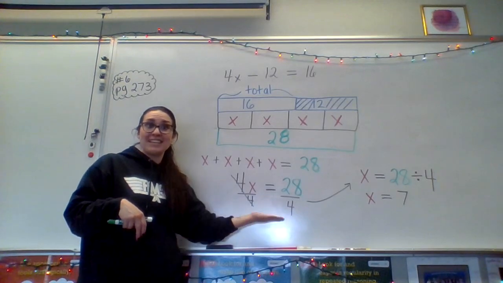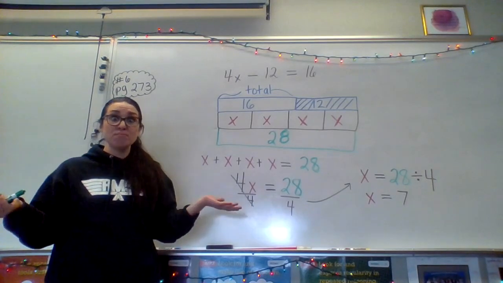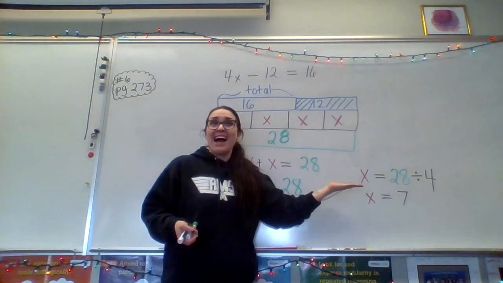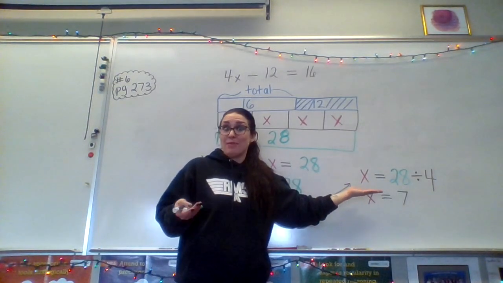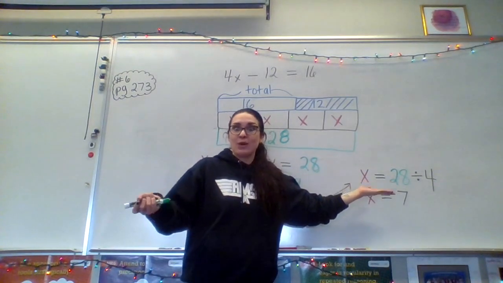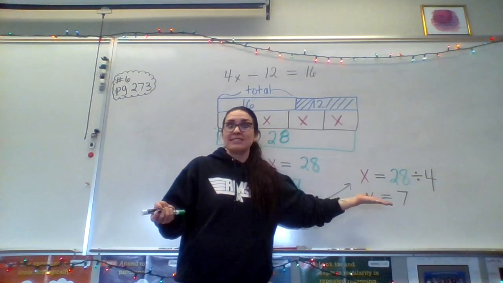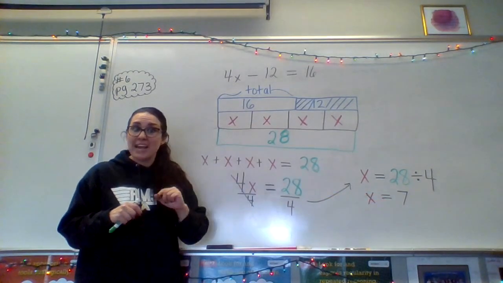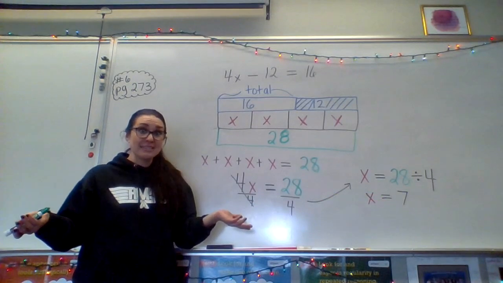Remember, we have to do that to both sides of our equation to make sure that it stays equal, okay? So I know we're going to put it over here. That x would then equal 28 divided by 4, and we know that then x is equal to 7.